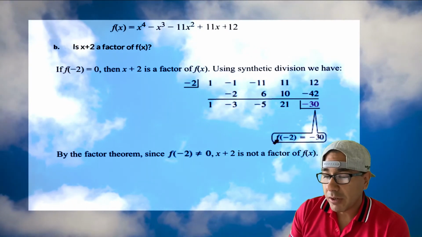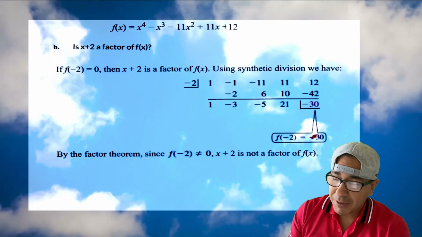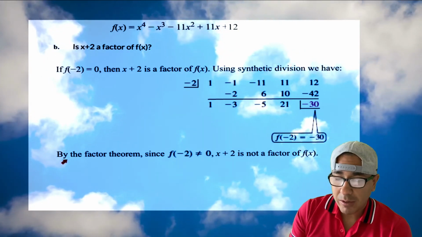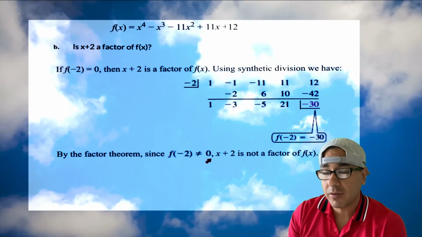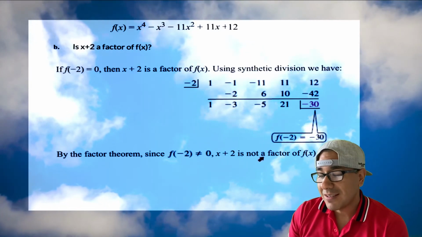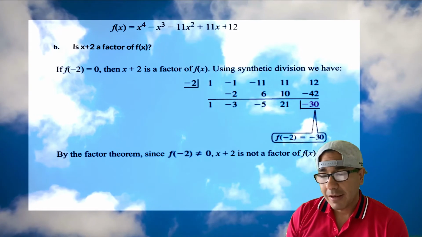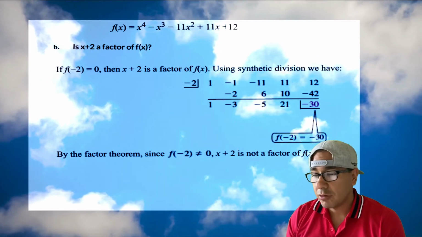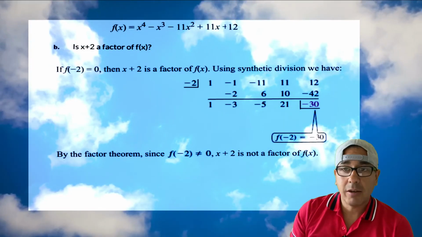So our output when you plug in -2 is -30. According to our factor theorem, since f of -2 is not equal to 0, that tells us that x plus 2 is not a factor of f of x. Very powerful little tool, this theorem. Any questions yet?